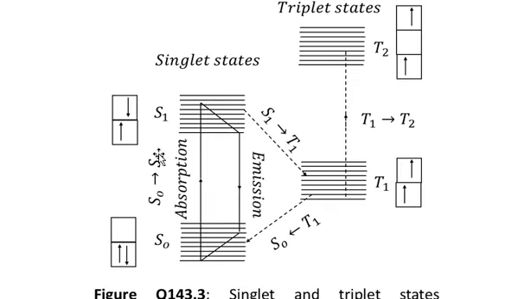So S0 and S1 represent singlet electronic states corresponding to n equal to 1 and n equal to 2, having many horizontal vibrational levels, and of course many rotational levels in between them, which we have not shown in this diagram. And on the left hand side, we have shown two boxes corresponding to S0.